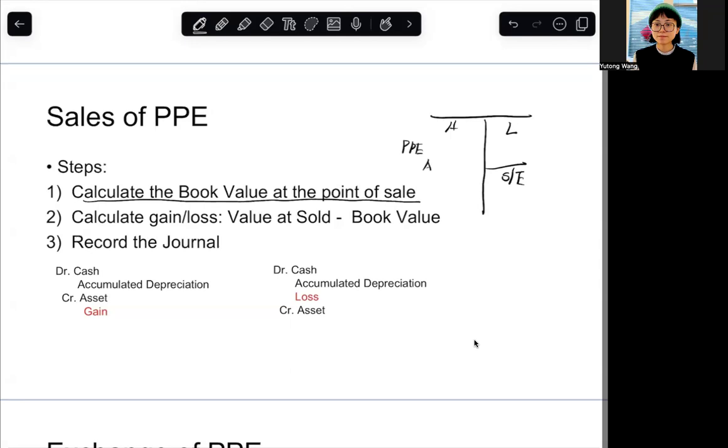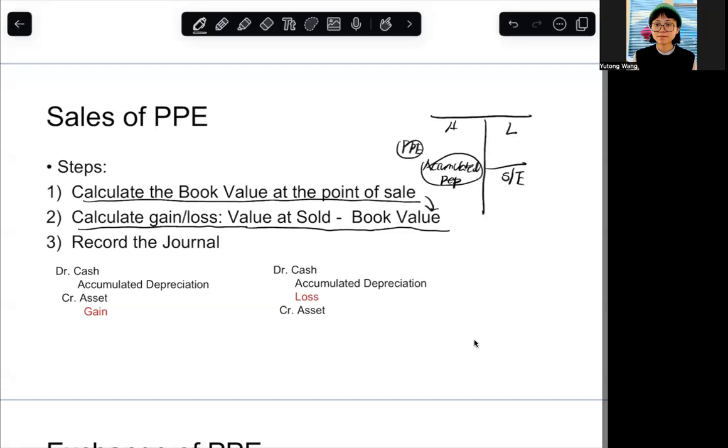And there is accumulated depreciation, and then you use that amount minus that amount. You get the book value at the point of sale. Okay. And for the second step, you calculate the gain and loss, which equals the value at sold minus the book value here. So the book value is what we calculated in the first step.